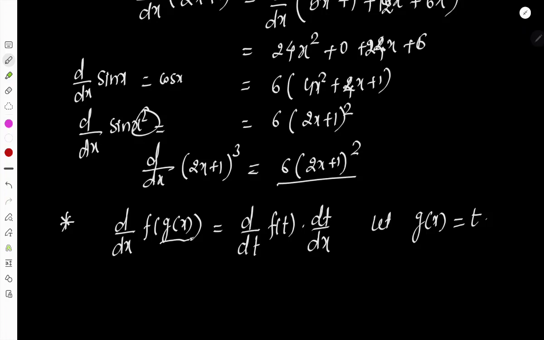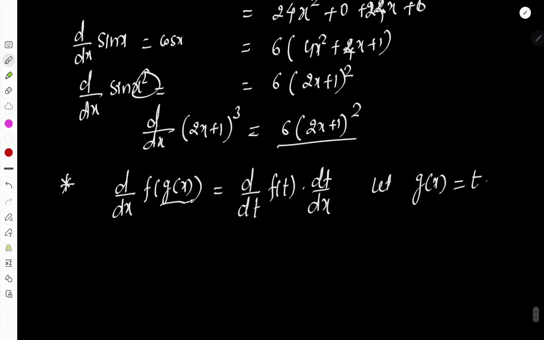Composite function we will solve like this.